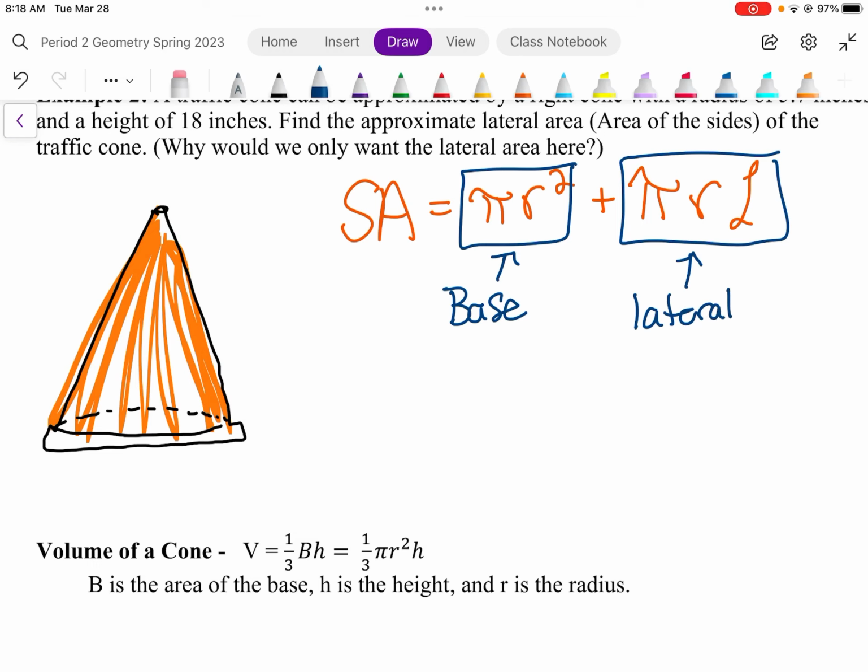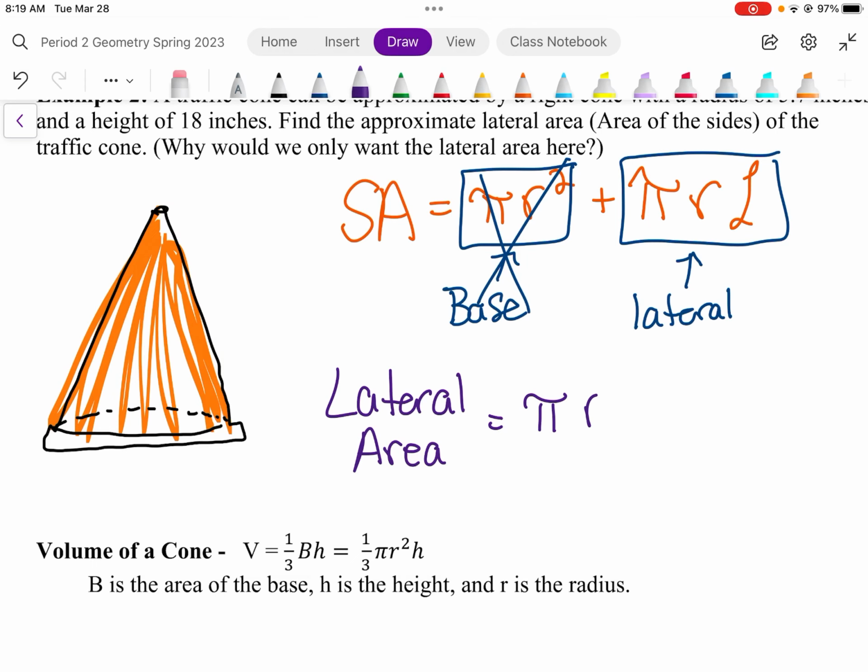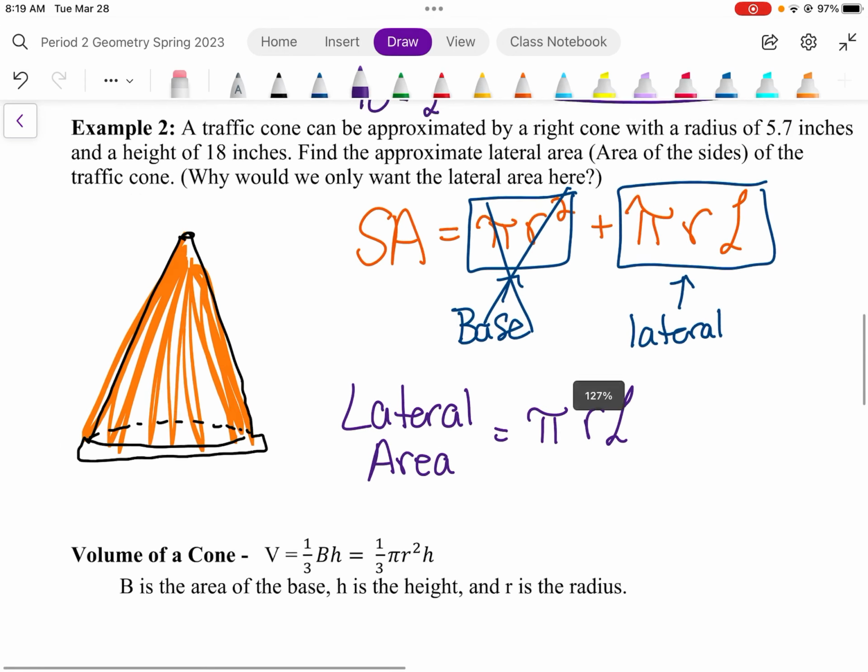So what we just need is the lateral area. So for this problem, we're going to skip the area of the base. So we're just going to find the lateral area. So to do that, we just need pi r and then the slant height.